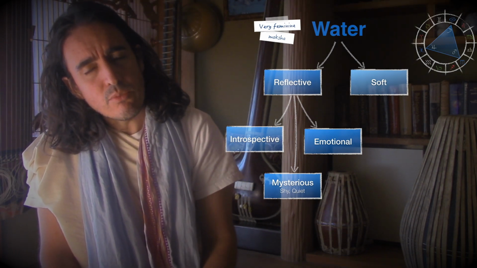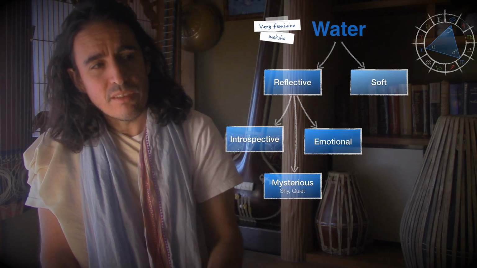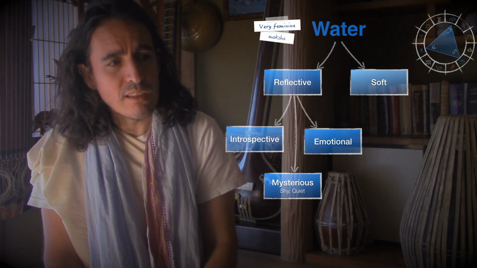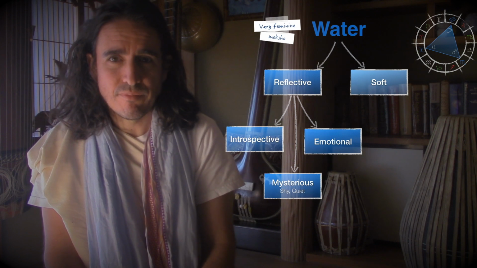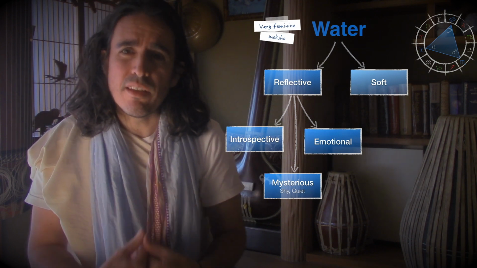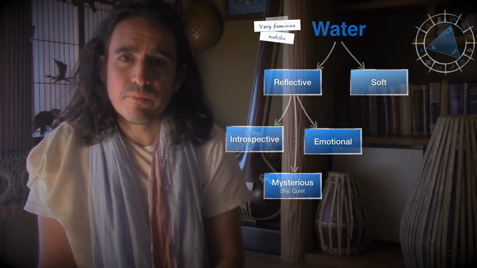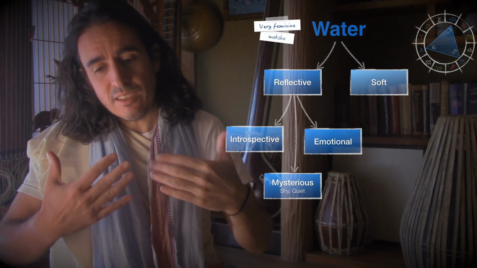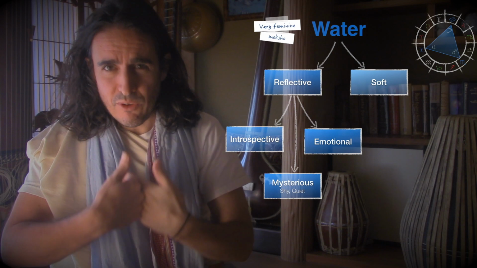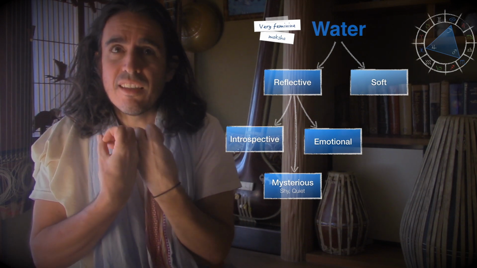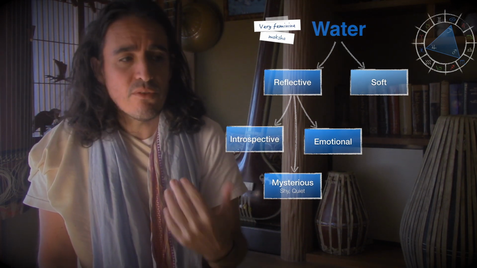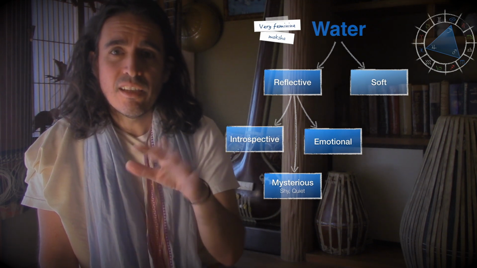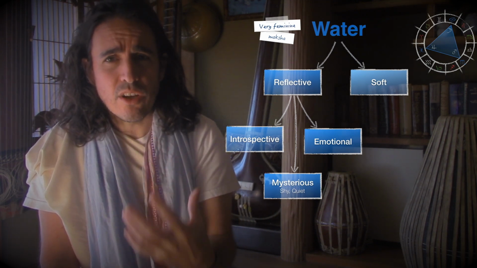And water, because it's reflective and it's also deep, this is another associated trait with reflective, therefore it's emotional. Introspective, looking within, getting in touch with emotions. So water is emotional and introspective, and therefore since it's inwardly focused, it's not extroverted. It's introverted, so it's mysterious, and it has those traits of being shy and quiet.